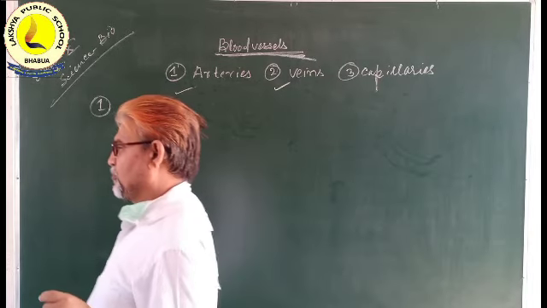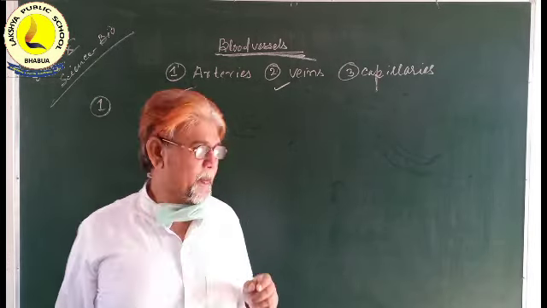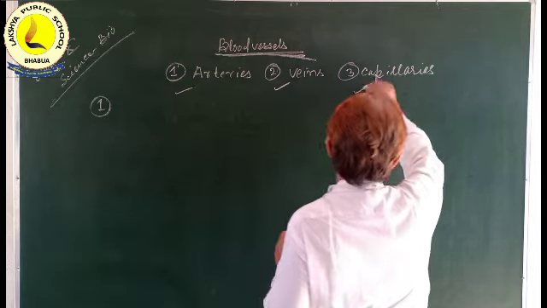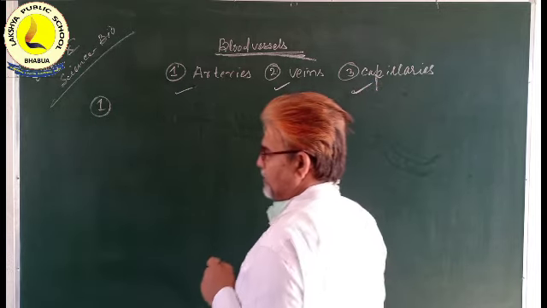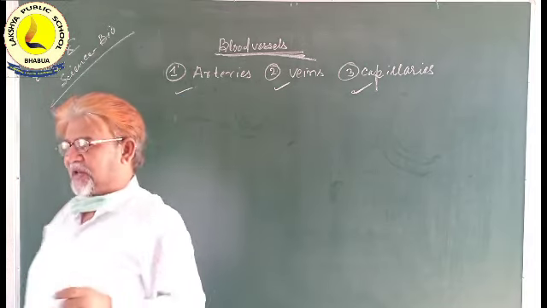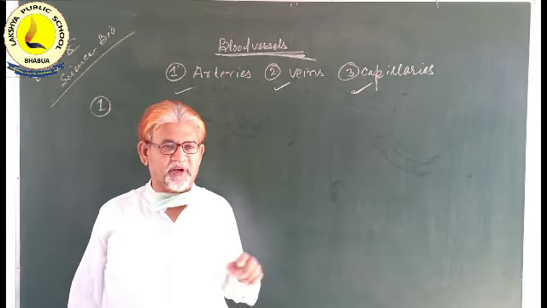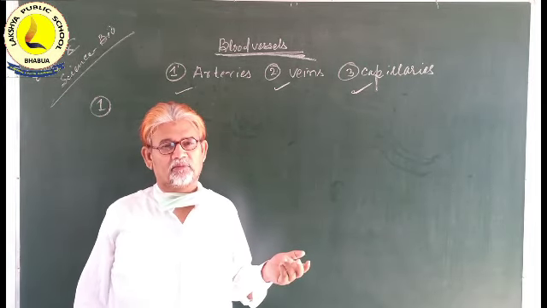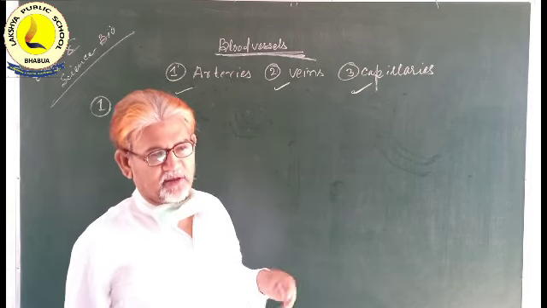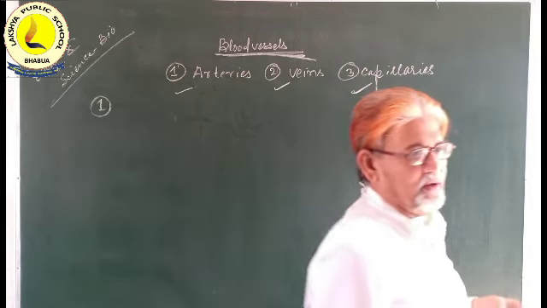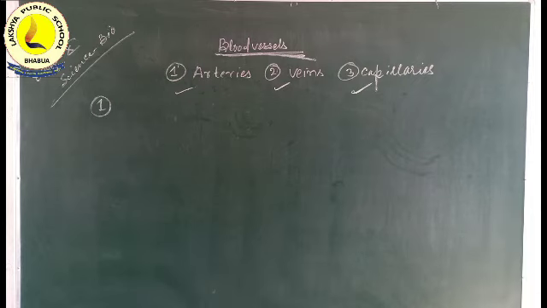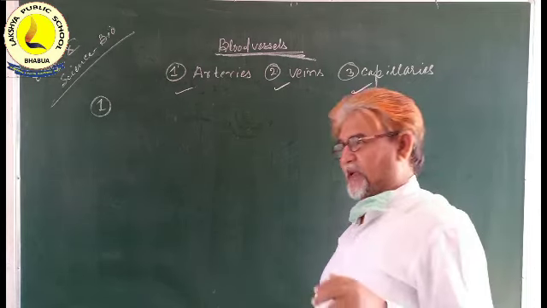But third is the capillary. Capillaries are the thinnest blood vessels, and they supply the oxygenated blood to the different tissues of the body as well as collect it.